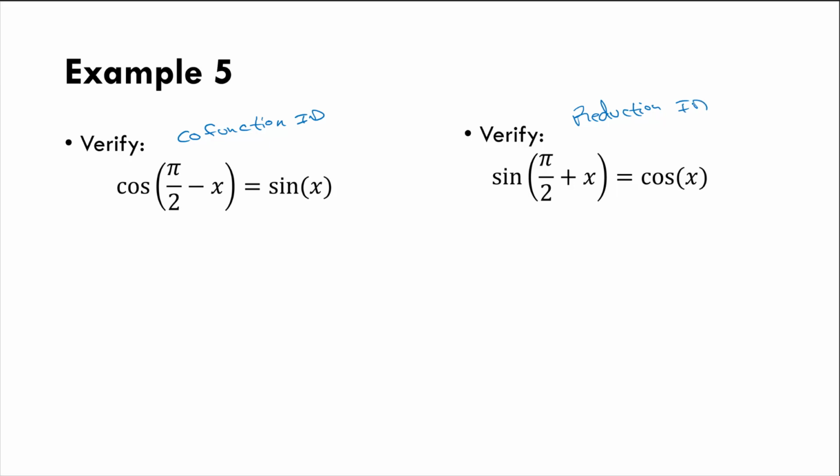We're just going to use our sum and difference identities to verify these real quick. Since this is going to be, think of this as our alpha minus beta, I can rewrite this as cosine of my alpha, which is pi over 2, times cosine of my beta, which is x, plus sine of my alpha, pi over 2, times sine of beta, which is x.